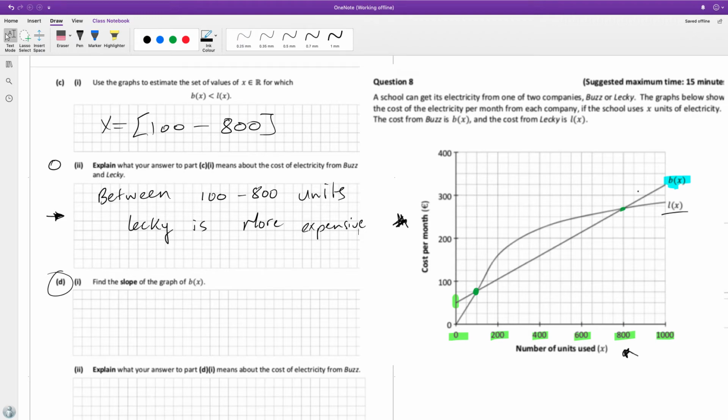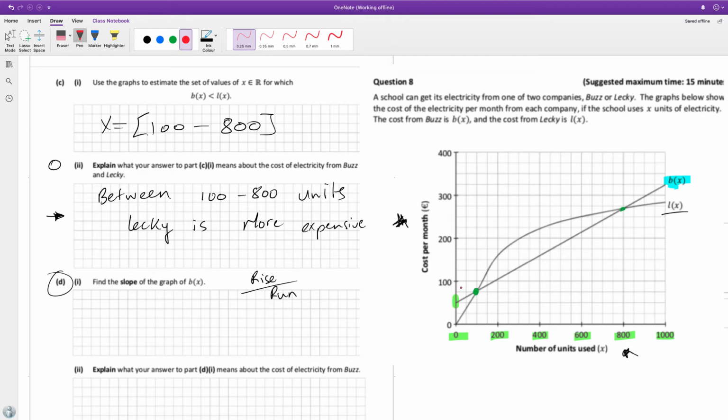Now, does anyone remember how do we get the slope of a line? Sorry? Rise over run. So how am I going to get the slope of this line here for Buzz? I'm terrible hearing, guys.